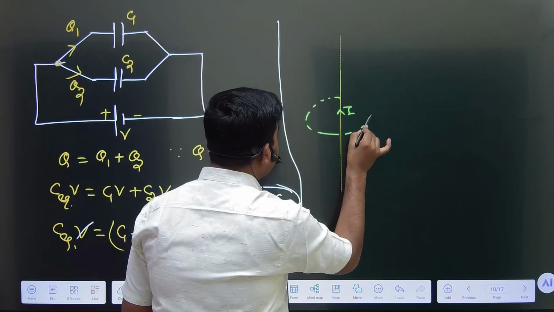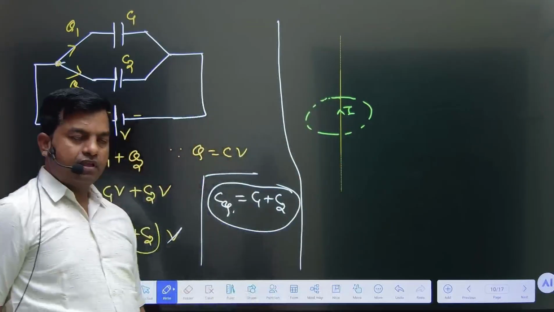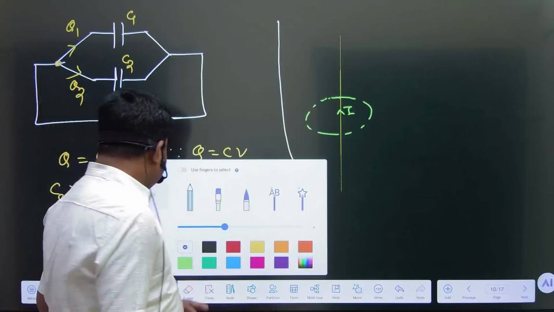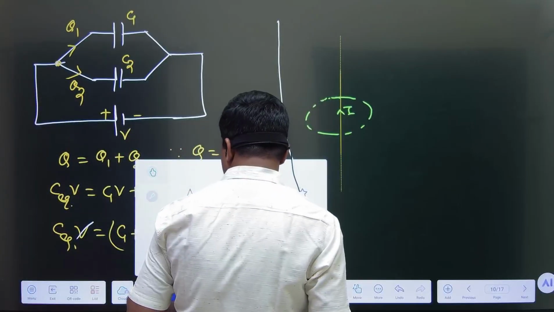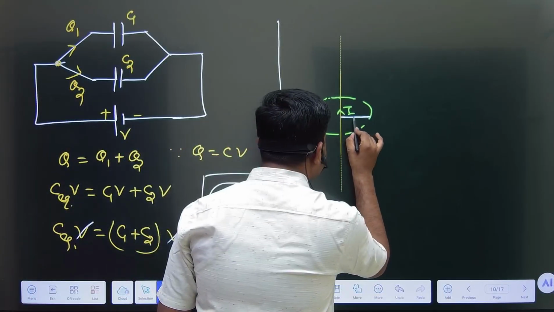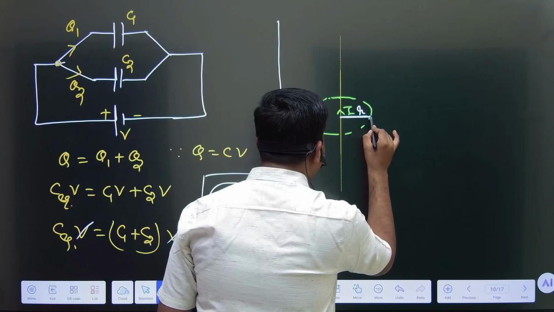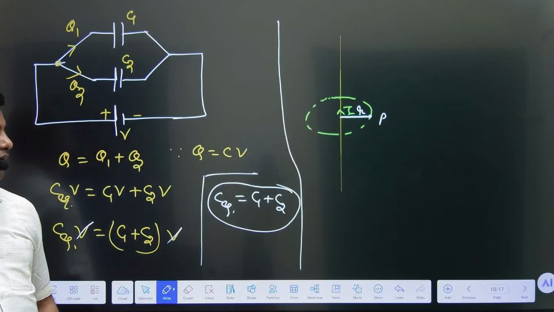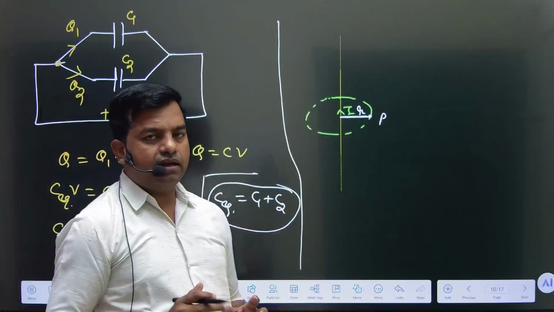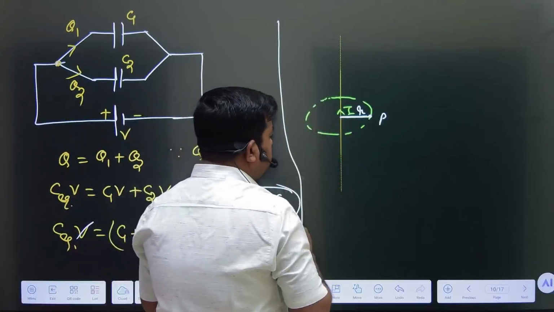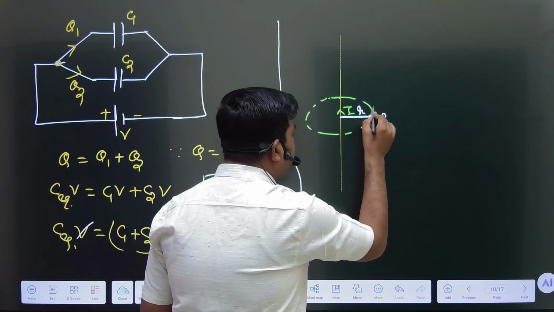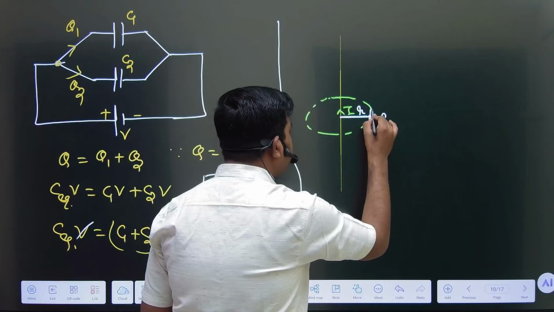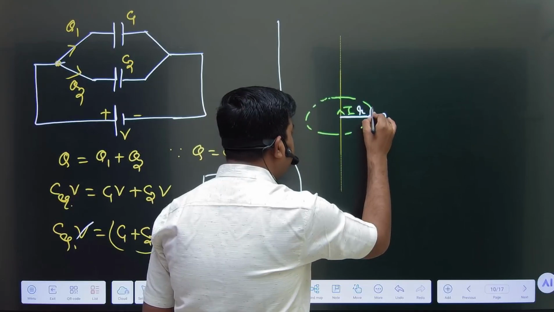This is the direction of magnetic field, and here the radius is r. We determine the magnetic field at this point P. According to Ampere circuital law, this loop is called the Amperian loop.